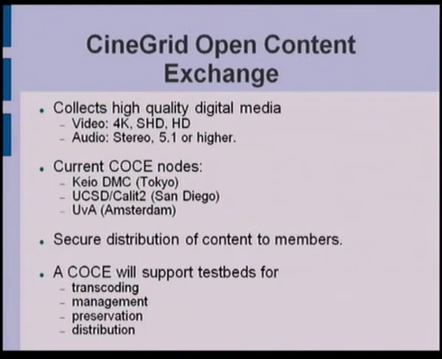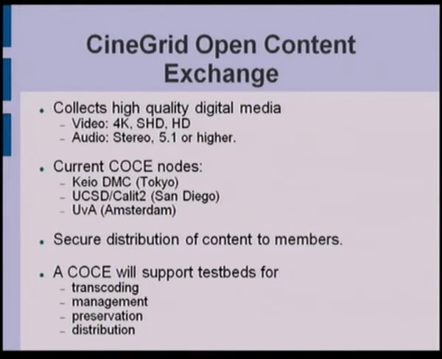Well, we are building a SceneGrid Open Content Exchange. What does the SceneGrid Open Content Exchange do? We are collecting high quality digital media such as HD, SHD, and 4K, of course. We also collect audio, which we also play during the movie.